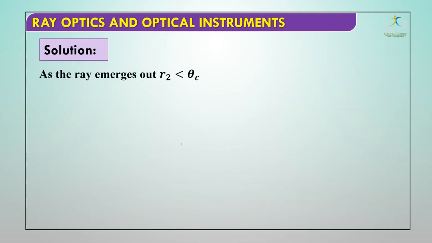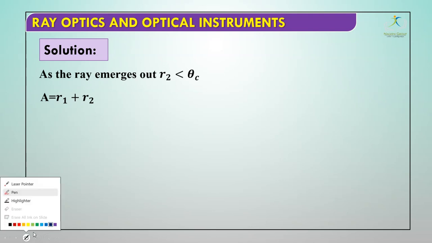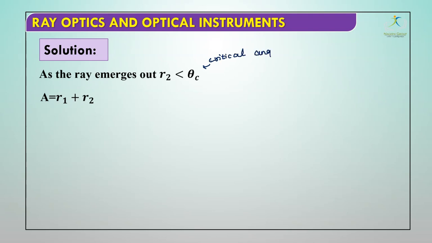As a ray emerges out, R2 is less than theta c. The theta c is here the critical angle. And A is equal to R1 plus R2, where A is the angle of prism. Where R1 is equal to A minus R2, so R1 is greater than A minus theta c here.